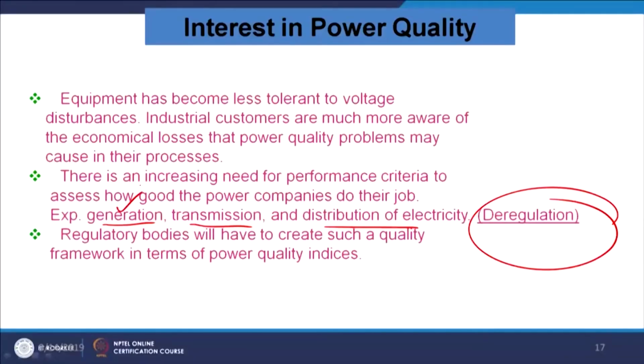Someone is generating, someone is transmitting, and you may hire the transmission network. Someone is putting up an HVDC network, and you are hiring it to transmit your power. It is just like I manufacture goods, the railways is the transmission, and ultimately the consumers are the receivers. In the same way, electricity has been deregulated. So, they have different stakeholders.